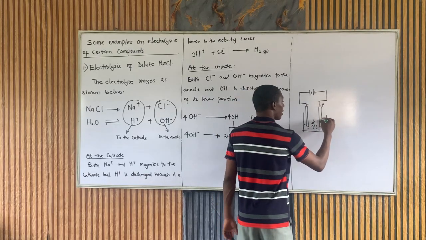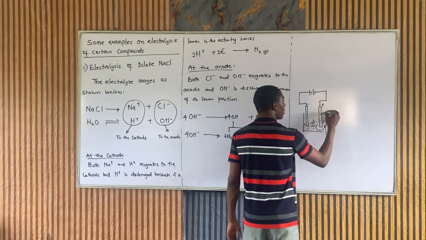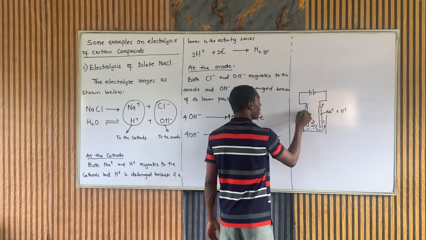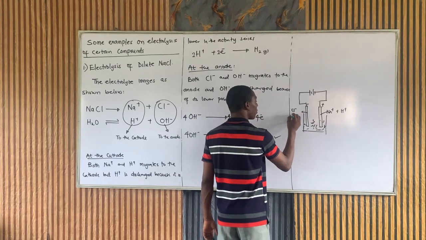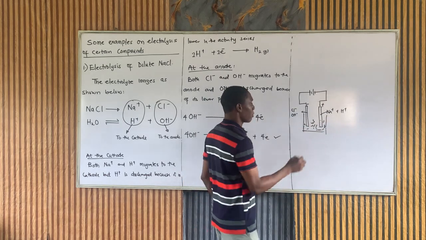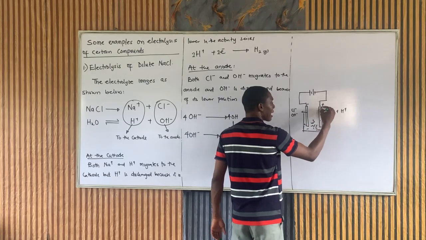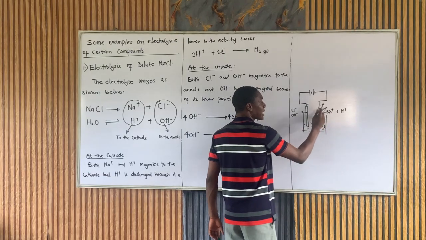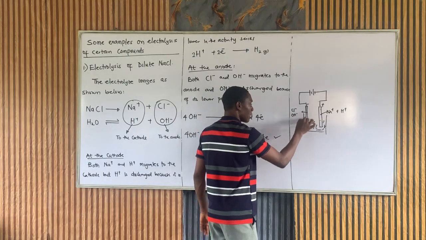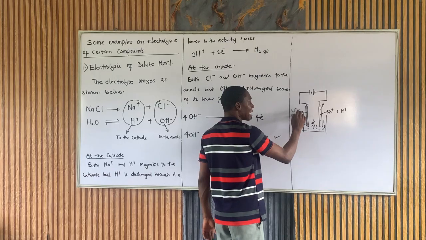And so the sodium and hydrogen ions come here, while the chloride and OH come here. And take note that one of these is discharged, like we said earlier. So hydrogen is discharged here because it's lower. So on this electrode, which is the cathode, you see hydrogen gas leaving. While on this part, which is the anode, you see OH leaving in the form of water and oxygen gas.